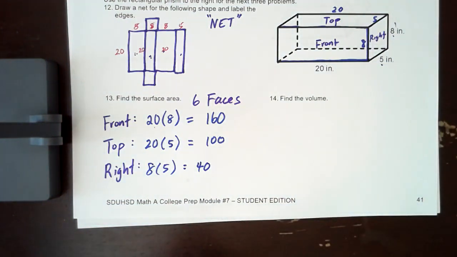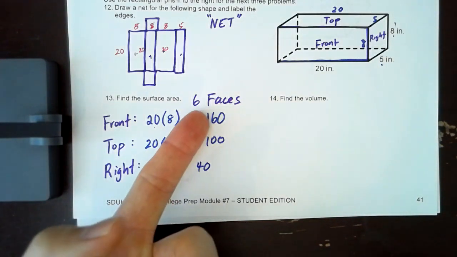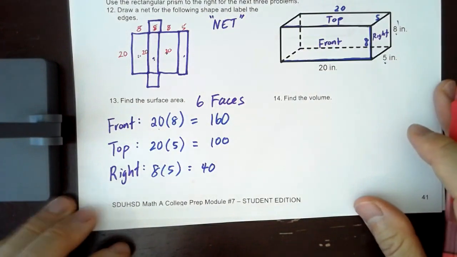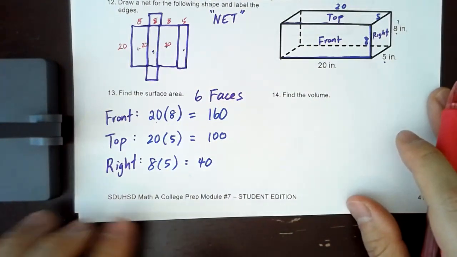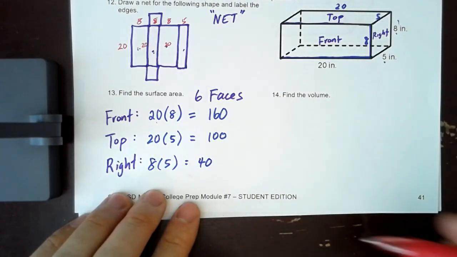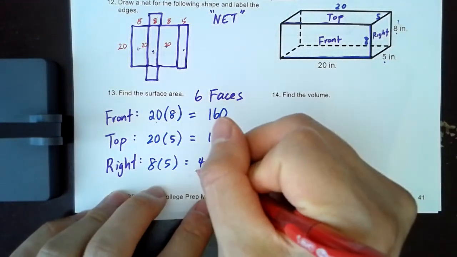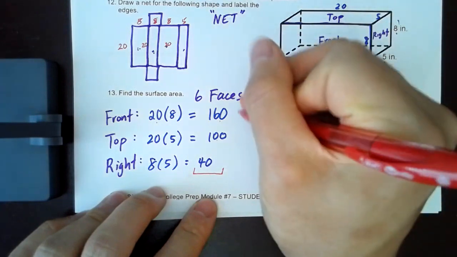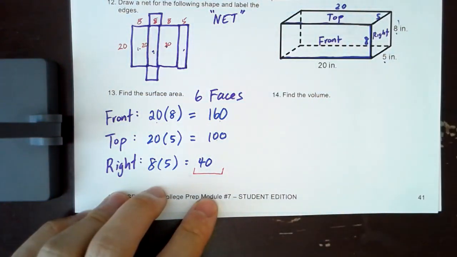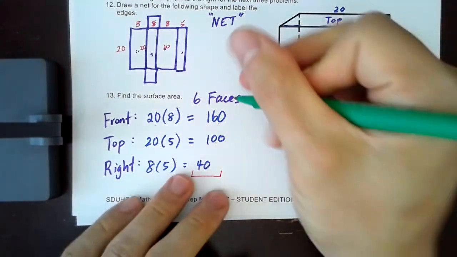Now, one thing you might say is, wait a minute, I only calculated 3 faces. Mr. Kuo, you said there are 6 faces. How are you calculating the entire surface area if you only account for 3 faces? Well, I realize that if you have a front, you must have a back.